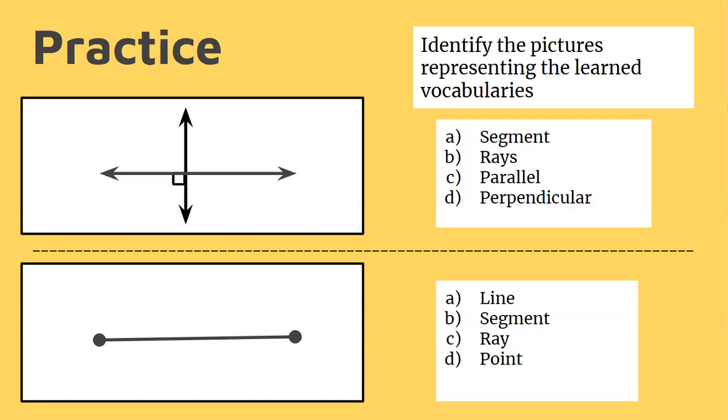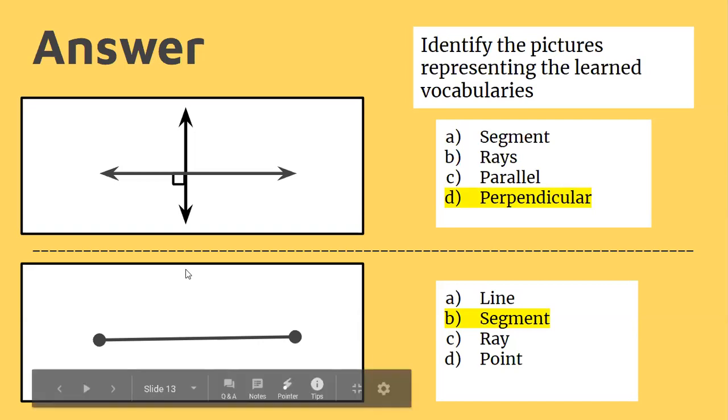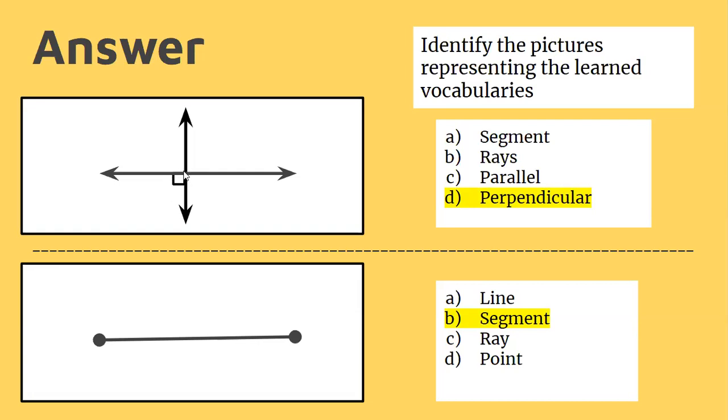Hello, welcome back. Okay, so I'll show you guys the answers right now. So the first image, the answer is D, perpendicular. I'm not sure if I told you guys this, but if two lines are intersecting and there's a square between the two lines right here, that means that angle is a 90-degree angle.